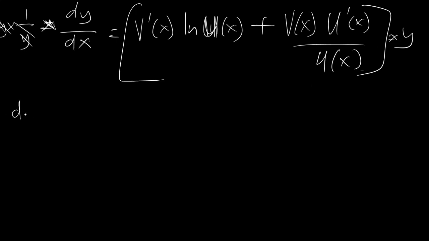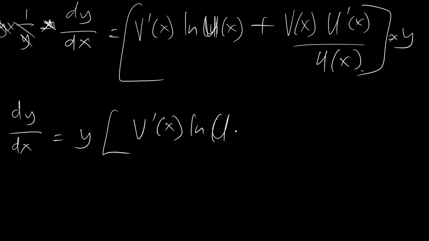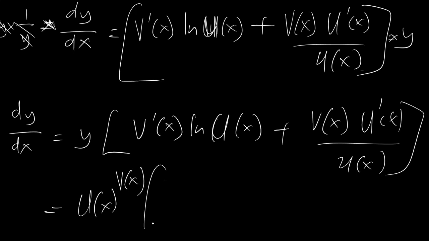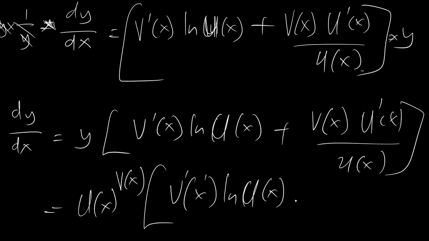You now have dy/dx equal to y times v prime of x ln u of x plus v of x u prime of x all over u of x, and y is equal to u of x to the power of v of x, all into v prime of x ln u of x plus v of x u prime of x all over u of x.